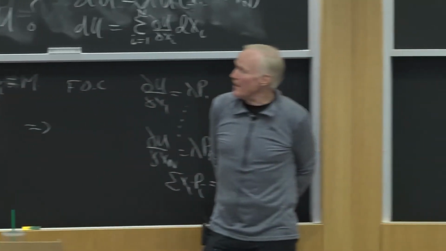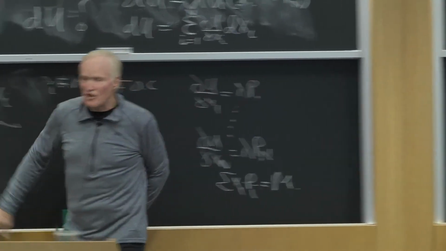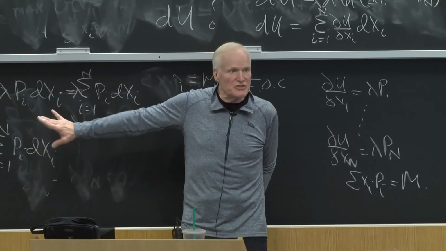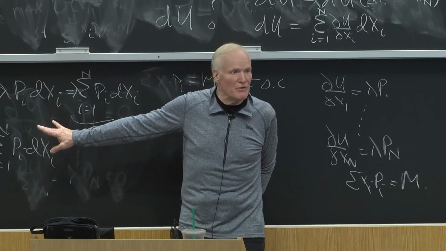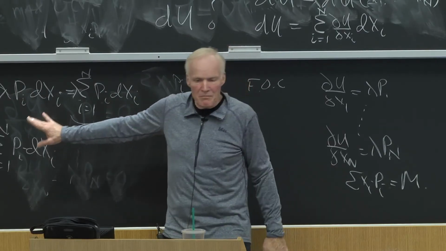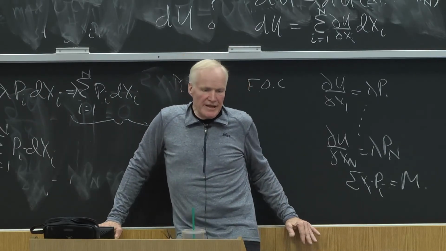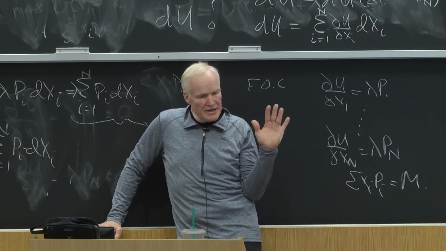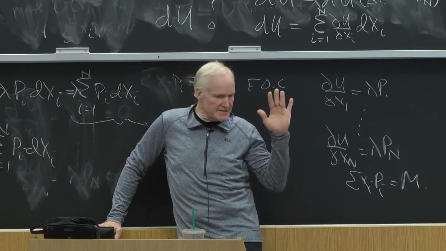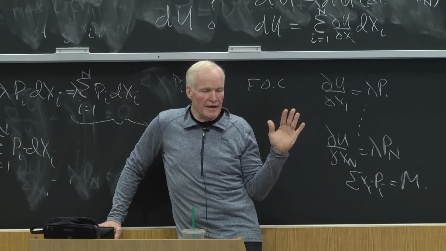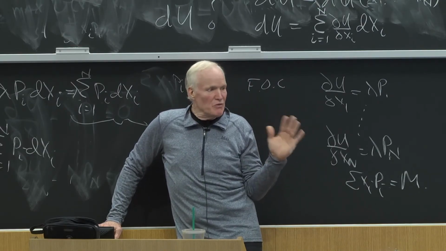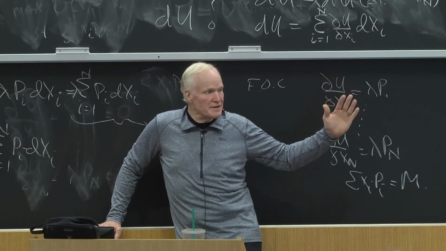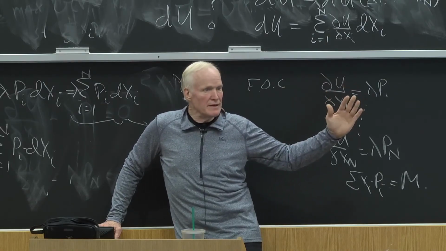So one of the things I like to emphasize is that there's a lot of content to just utility maximization. Just utility theory alone, probably the most important message is this proportionality in equilibrium between prices and marginal utilities. And the reason that turns out to be so important is we can measure prices directly.